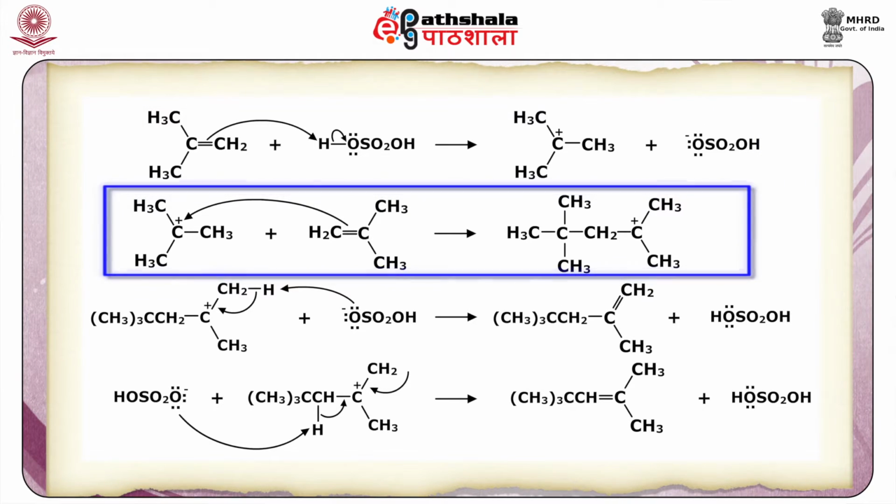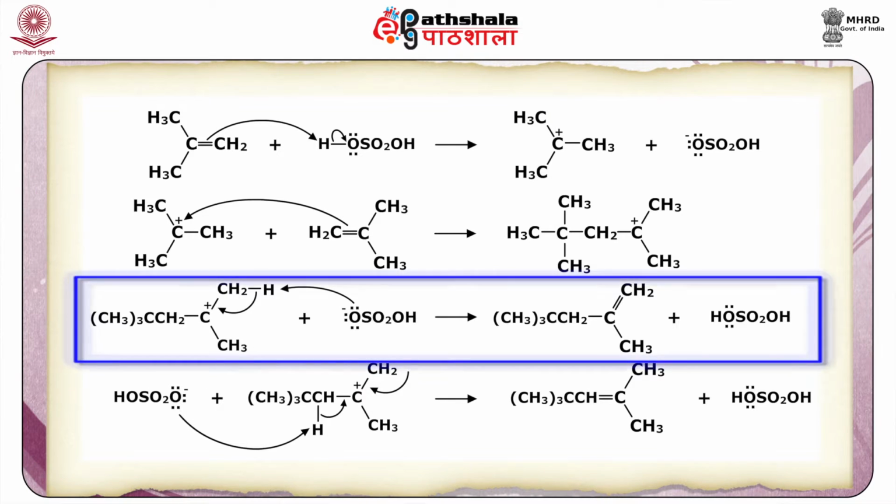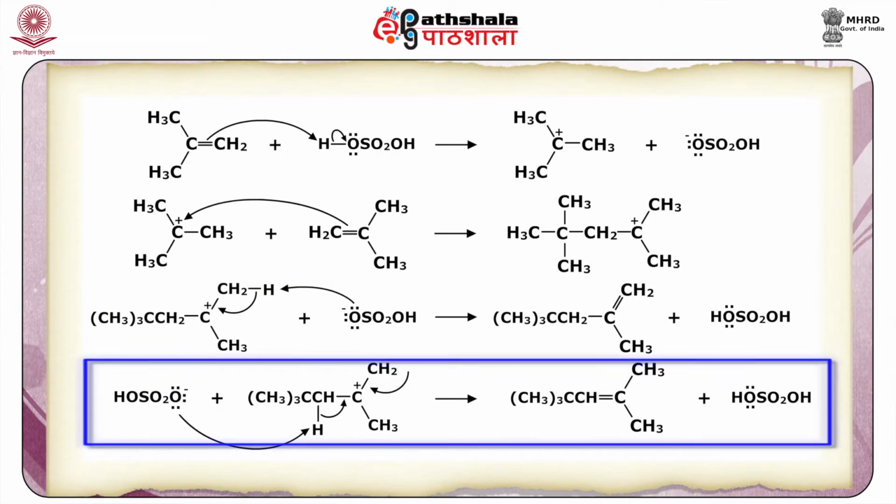This carbocation in turn acts as an electrophile and attacks the double bond, and see the significance that this being terminal, it is less sterically hindered. So, this big electrophile can attack. Had it been disubstituted from both sides, this attack would not have been permitted. So, this leads to this carbocation, and in turn this carbocation can again attack further, or there can be addition of OSO3H at this particular stage also.